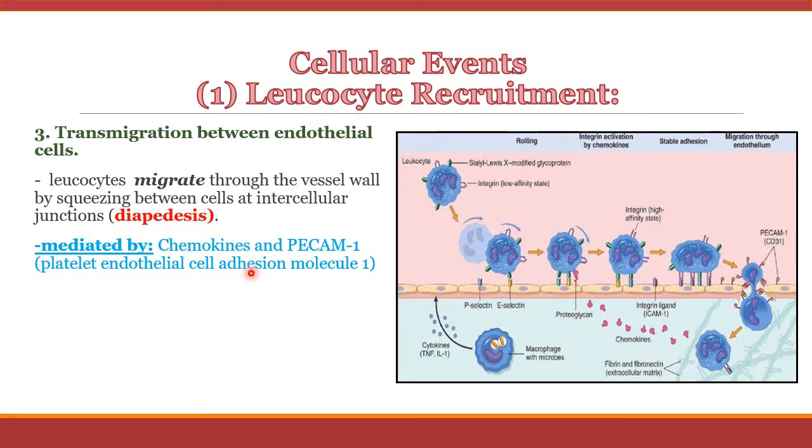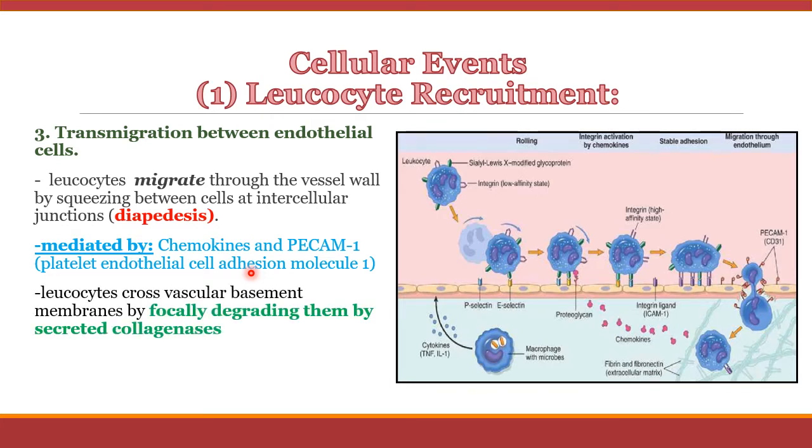After they pass, when they start to move in between the endothelial cells, they will also face another structure that is present in the vessel wall, which is the basement membrane. And this basement membrane is going to be like a barrier. So how are they going to pass this barrier of basement membrane? They are going to secrete some enzymes like collagenases.